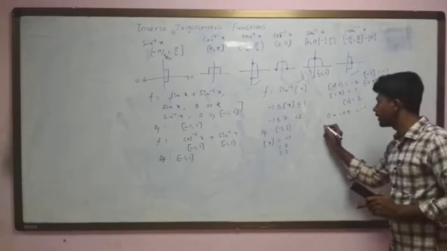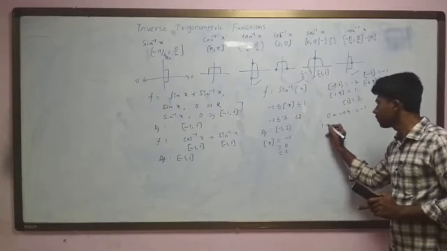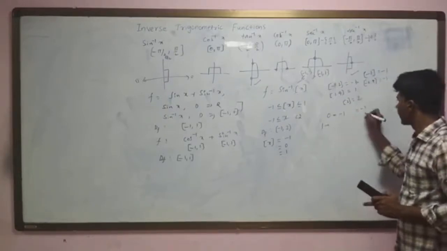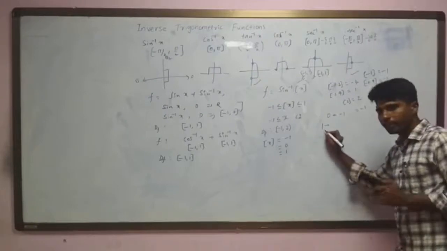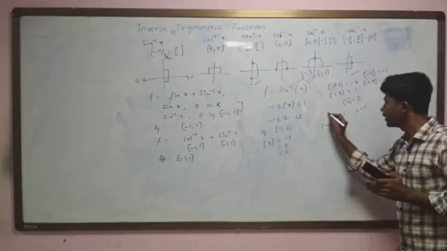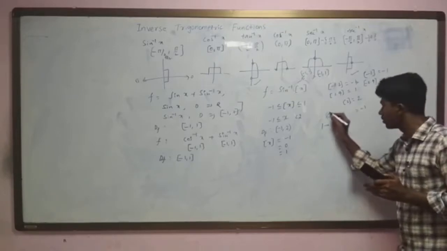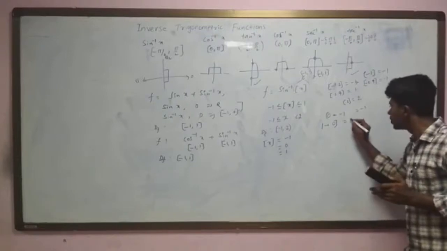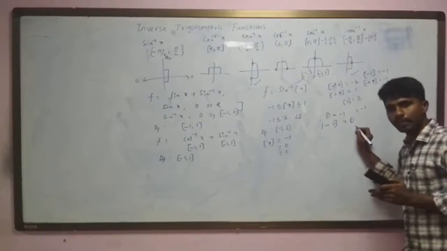If the value lies between 0 and 1, 0 included and 1 not included, then I'll get 0.